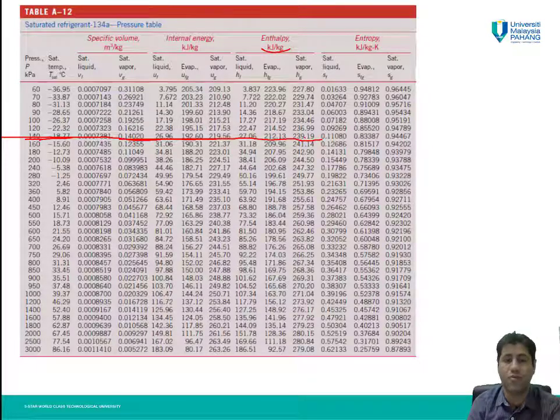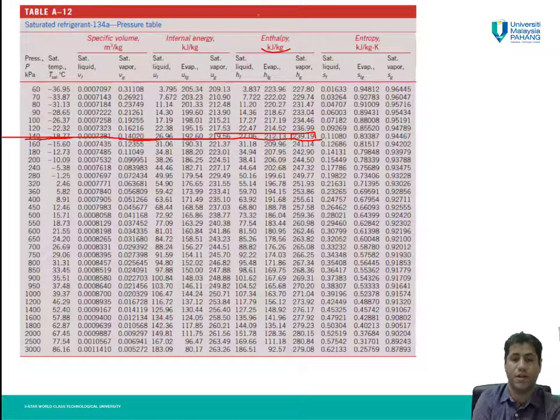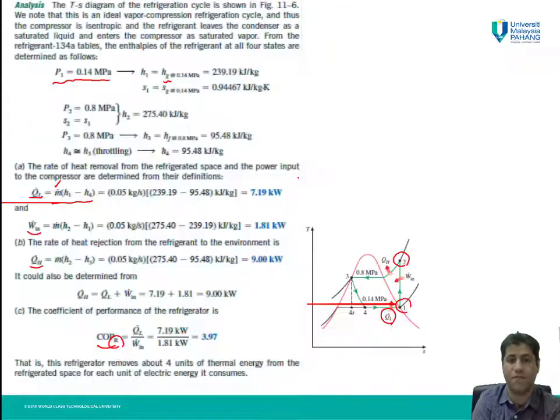As I told you, in state 1 we have saturated vapor. Then the enthalpy which we are looking for is Hg for this pressure, which is 239.19 kilojoule per kilogram. So simply we can find the enthalpy for this state.